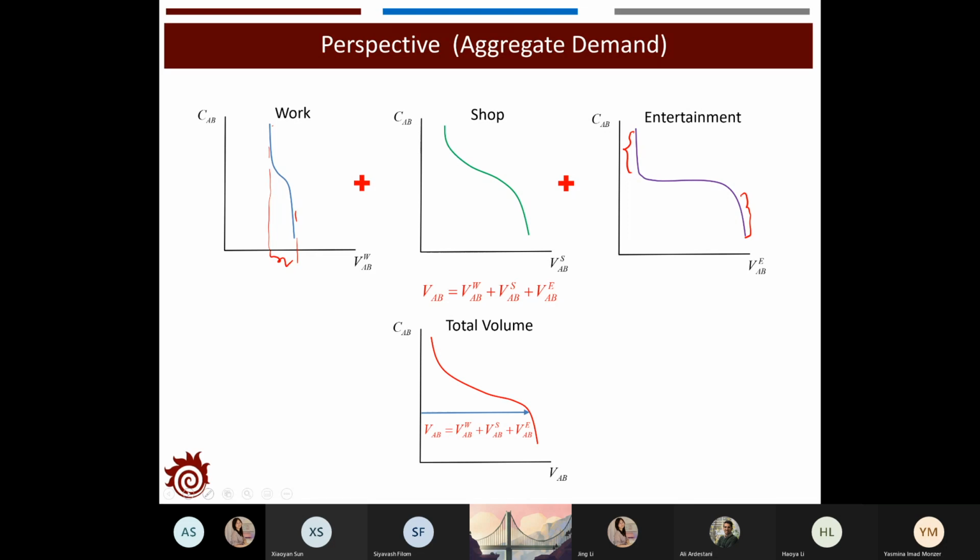And this trip will definitely not be like the trip to work, which is not elastic. It's definitely not like entertainment, which is very elastic in a certain range. It's something between work and shopping, depending on the proportions of the trips in the area.